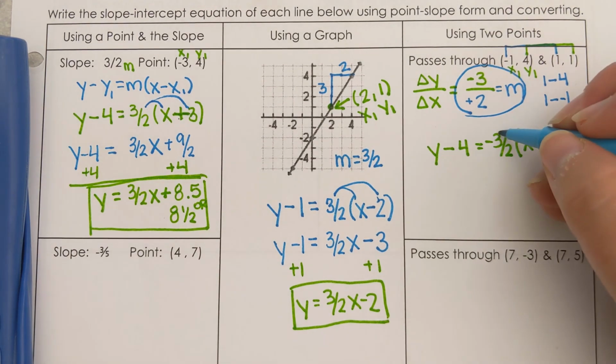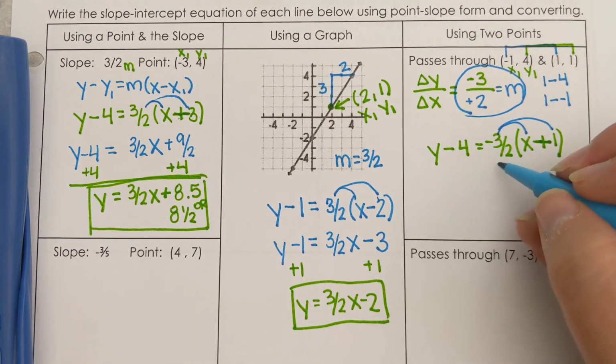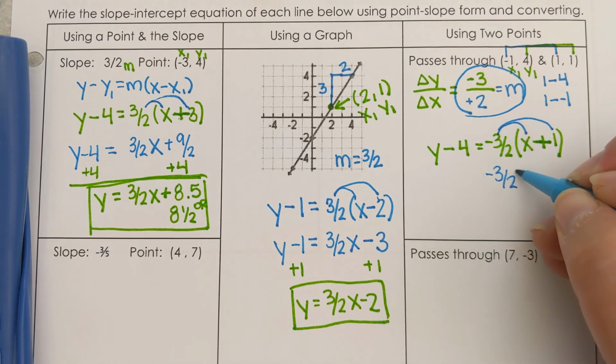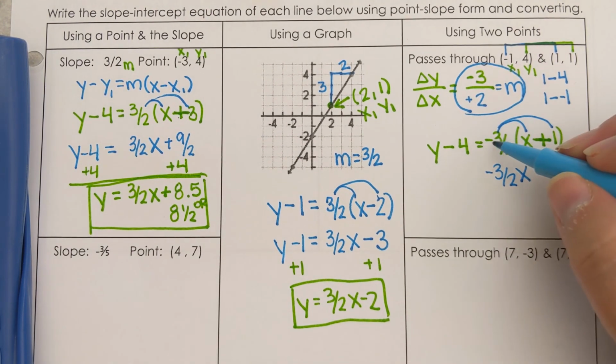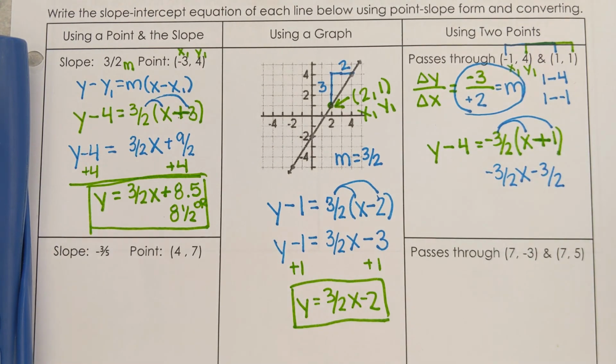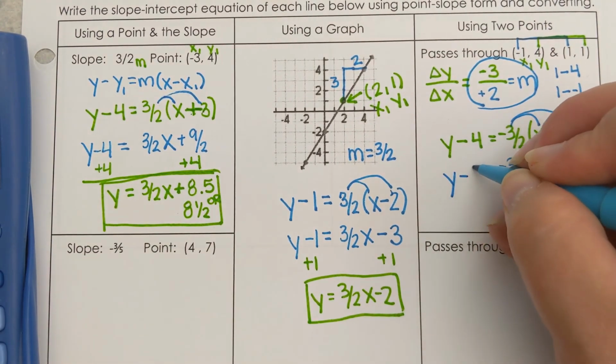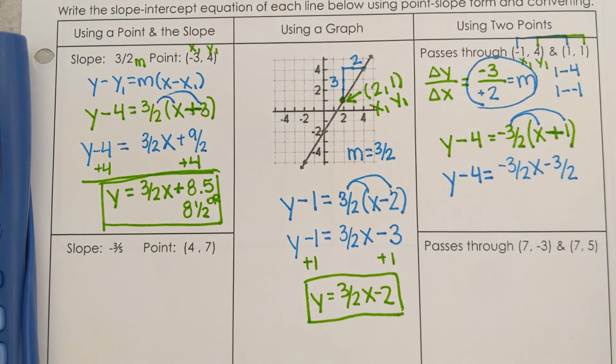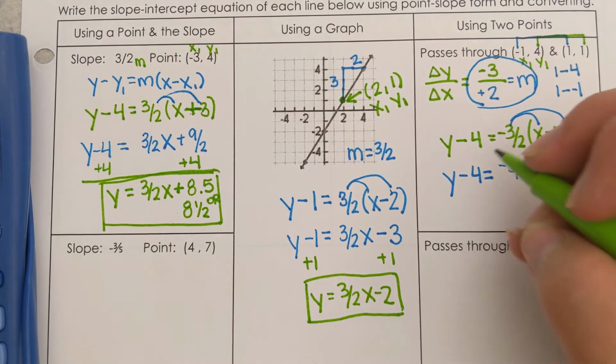To get y by itself, you multiply that. This just makes -3 halves x. And then -3 halves times 1 is just -3 halves. Okay? And then I'm going to add that 4 to the other side.